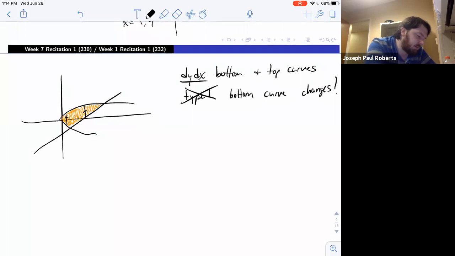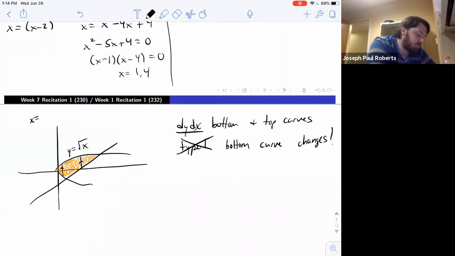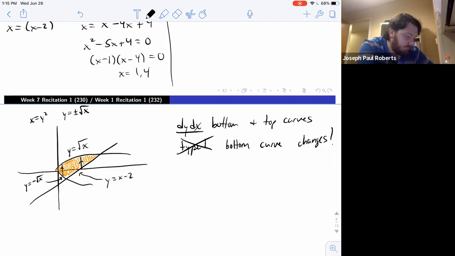So it looks like no matter what, the top curve is always the parabola. Remember, the parabola was x equals y squared. Well, the top half of that, so if x is y squared, y, of course, is plus or minus the square root of x. So the top half is given by plus root x. And the bottom half, which over here, that's going to be y equals minus square root x. And then here, this is y equals x minus 2.